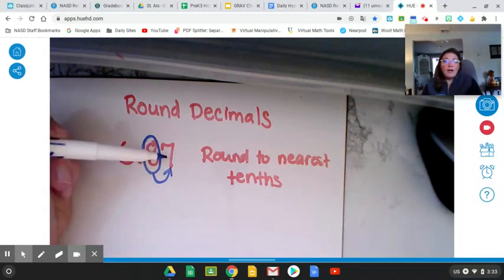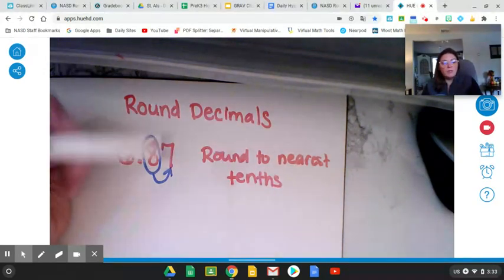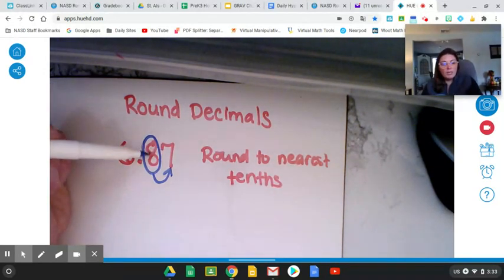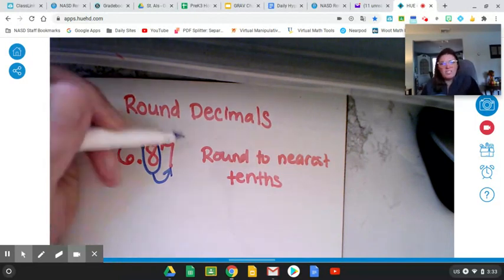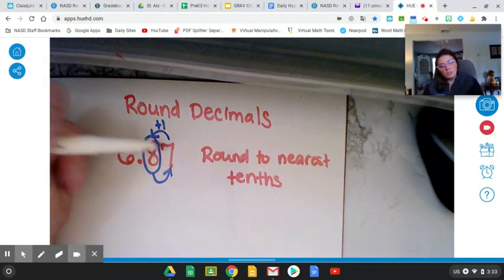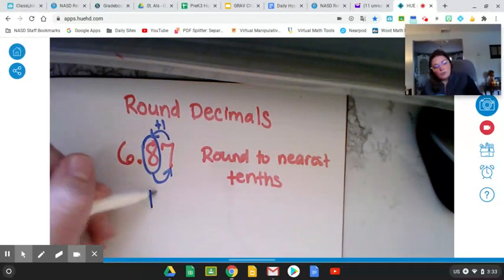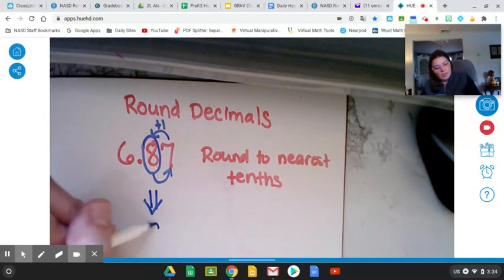Remember our riddle. 5 and above, give it a shove. So because this is a 7, which is above a 5, the boss will tell the 8 to move on up. When we say give it a shove, it means that we add 1. So she tells the 8 to get bigger by 1, which means the 8 will turn into the next digit up, a 9.